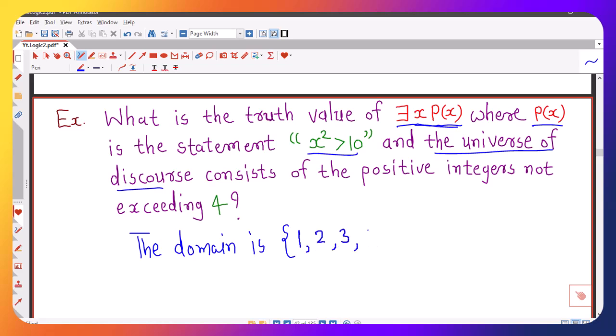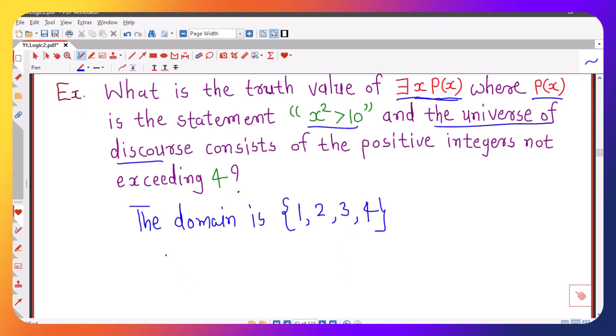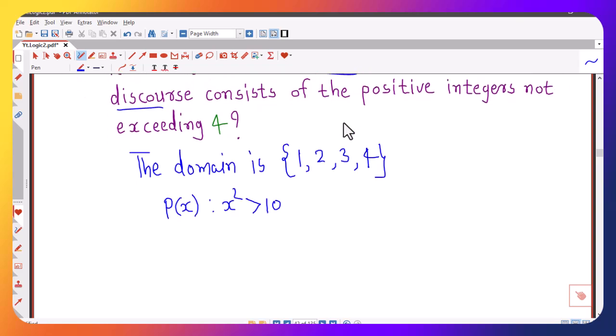That is, I have to consider the first 4 positive integers, and p(x) is the statement x square is greater than 10. I have to determine the truth value of this existential quantification. That means I have to find at least one x from this domain for which this is true.